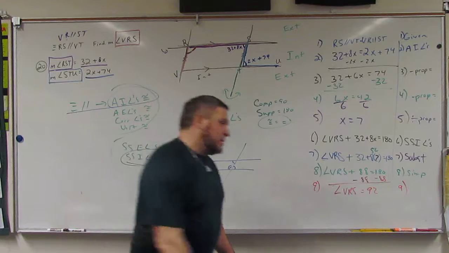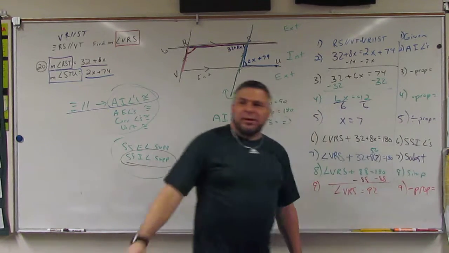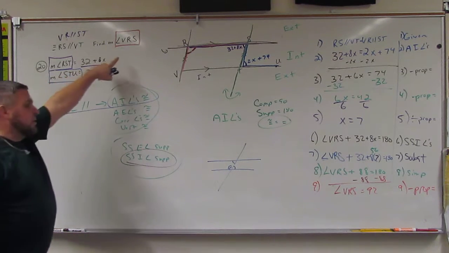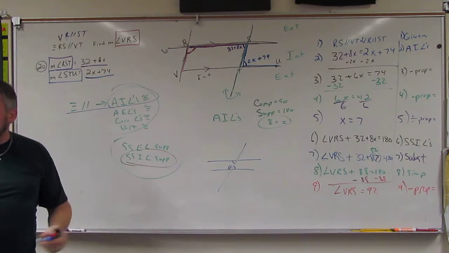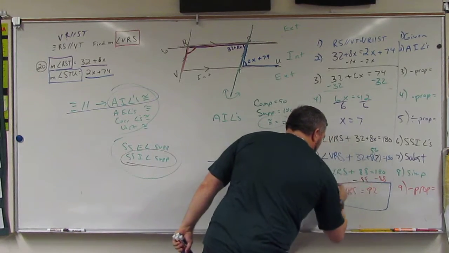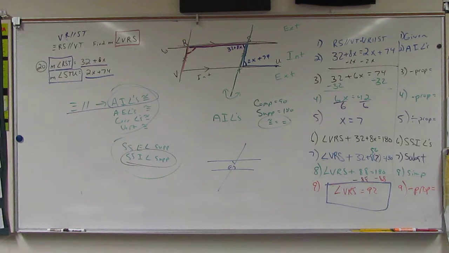Subtraction property of equality. That's it. Just your same algebra. Is that the angle we were looking for? Is that what we want? Yeah. Are we done? Yeah. Okay? That's it. It's a tough problem, yeah?